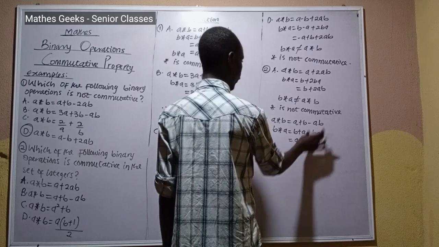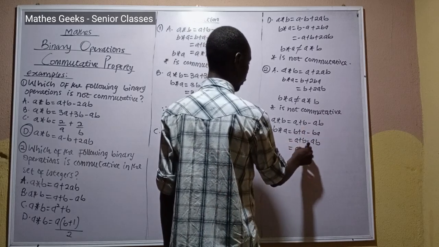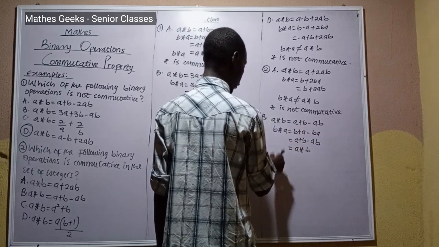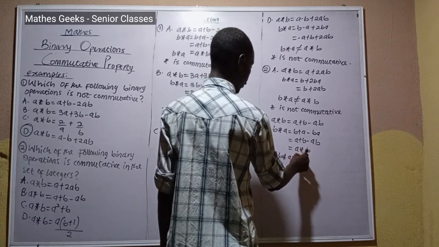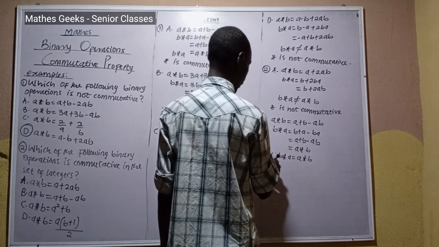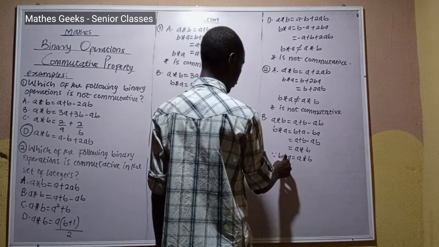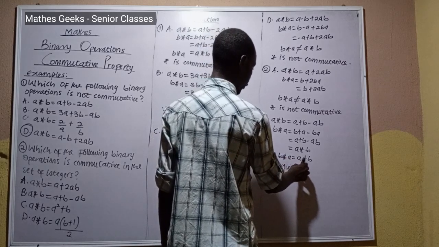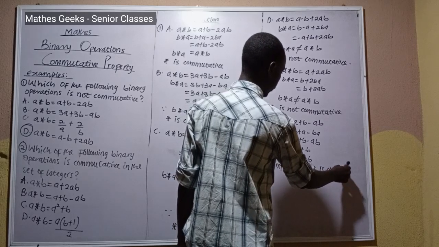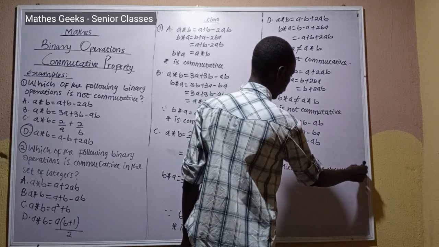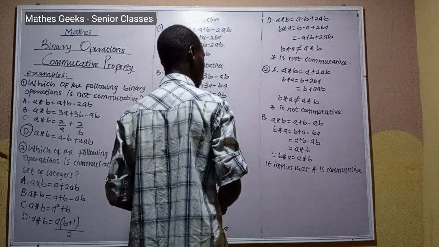And what do we have? Back to a star b. So what do we have to say? Therefore, b star a is equal to a star b. It implies that star is commutative. And this will be our answer.